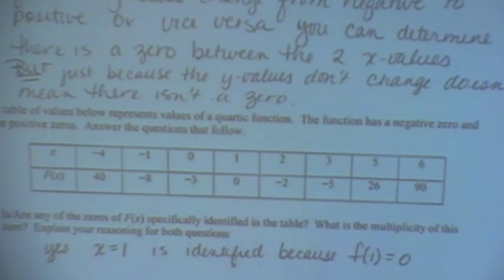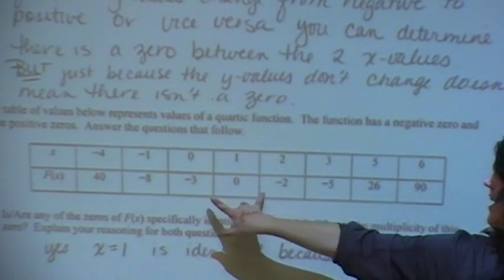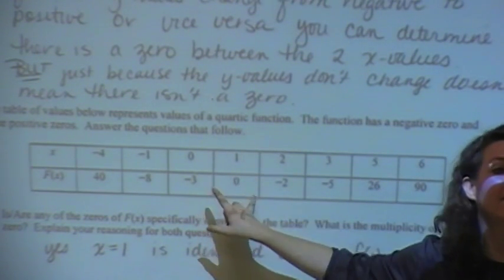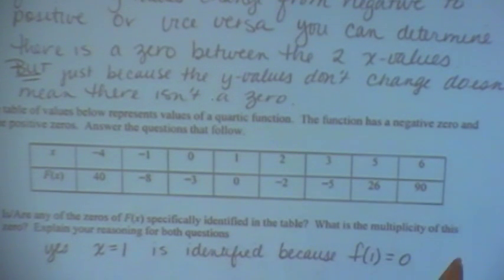All right, now, what is the multiplicity of that 0? And how do you know? Because it's negative. Good. On either side of that 0, it's negative and negative, which means that this comes up, touches it, and turns right back around. So the multiplicity of that 0 should be 2.